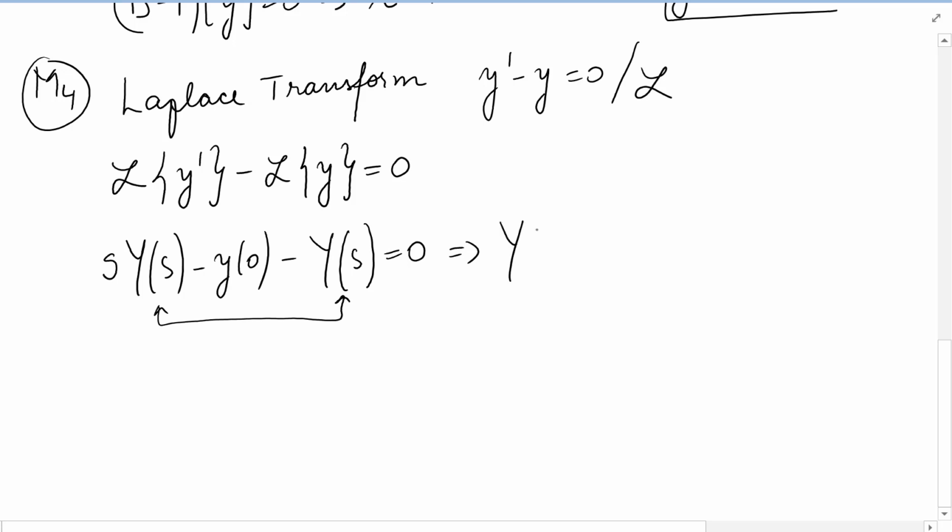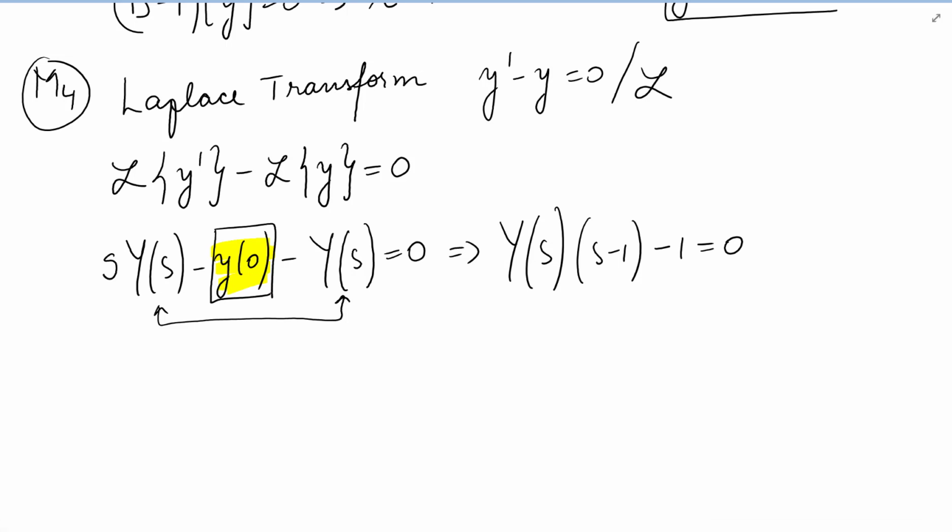So we factor out Y of s and we get s minus 1, minus y of 0 was given to be 1, so minus 1 equals 0. This is basically the reason why I gave an initial condition, so that we can apply Laplace transform. Without an initial condition, we cannot apply Laplace transform.